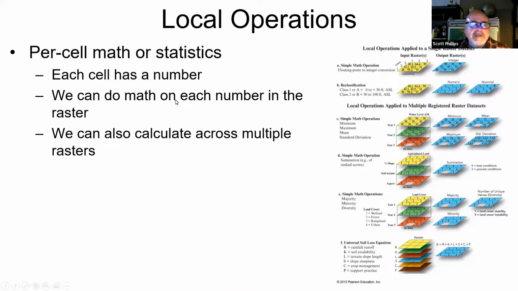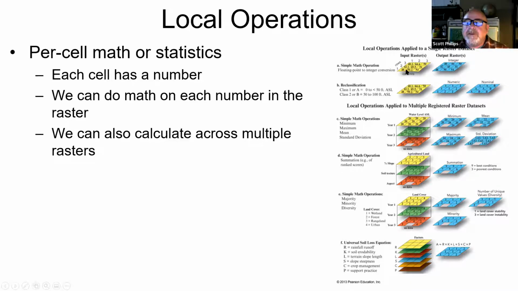Okay, other things include local operations. These are where you're actually just doing some math essentially on the raster. Each cell has a number. Remember, each cell is represented by a number, and you can do math on the entire set of numbers of a raster at one time.